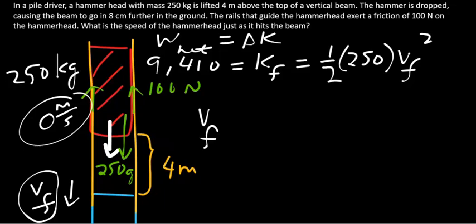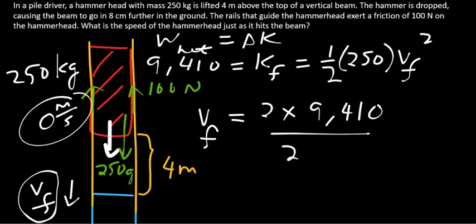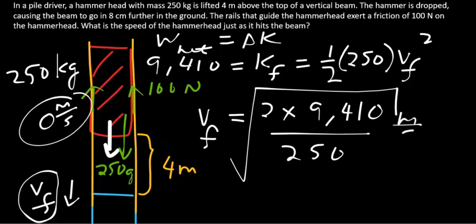And we can determine the final speed. It is the square root of 2 times 9,410 divided by 250 meters per second, which is about 8.7 meters per second. And that's the answer. Thank you for watching.